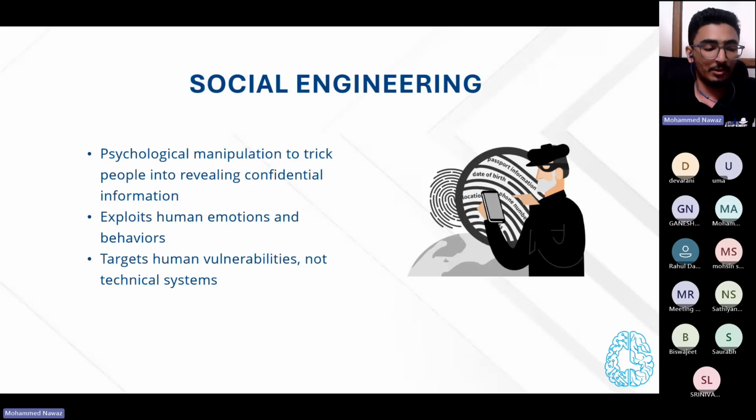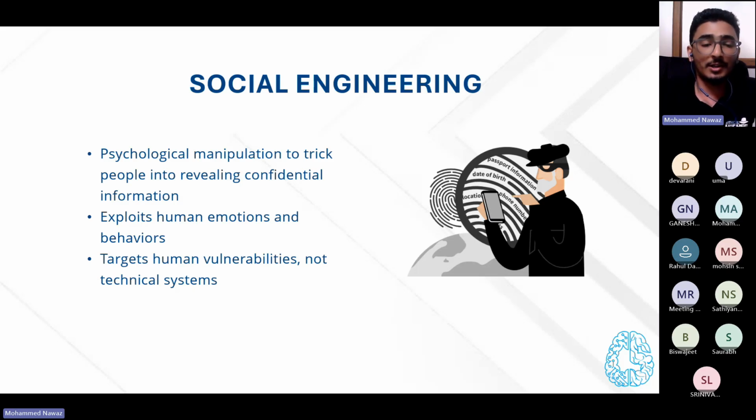Before moving to the phishing part, you need to know what social engineering is. It is a tactic where the attacker uses psychological manipulation to trick users into revealing confidential information. It can be your bank details, credit card details, or even your company's personal details, which must be confidential and must not be shared outside of your company.